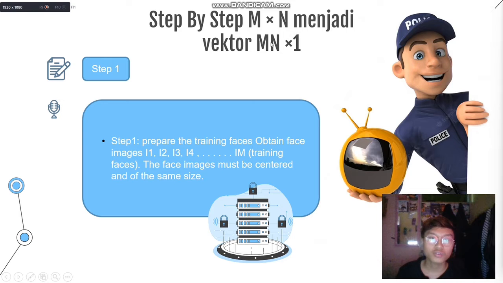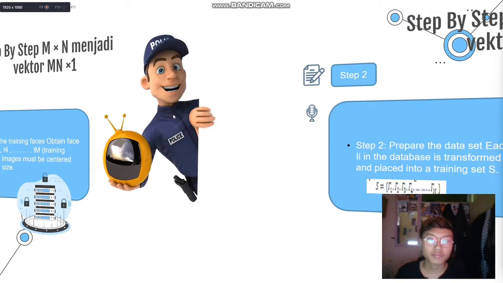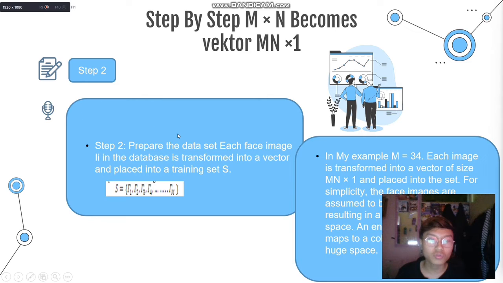Step 1, prepare the training set, obtain face images 1, 2, 3, 4 up to M. For the training phase, the face images must be constrained and of the same size. Step 2, prepare the data: set each face image in the database, transform it into a vector and place it into the training set.